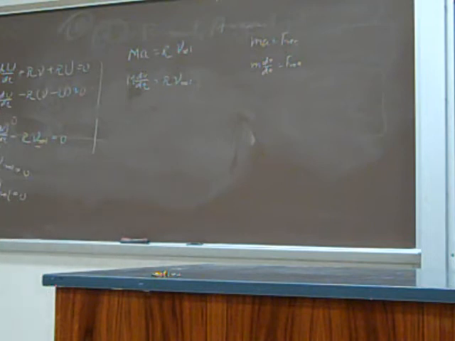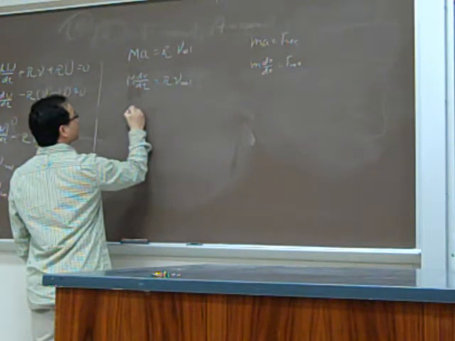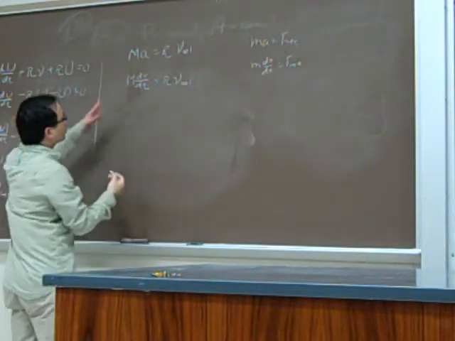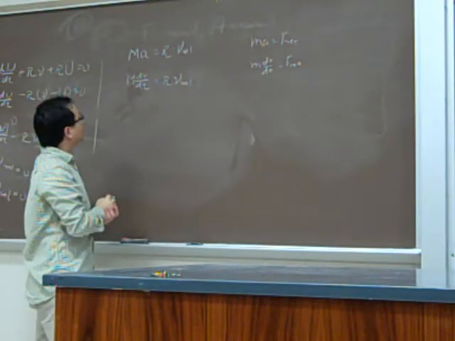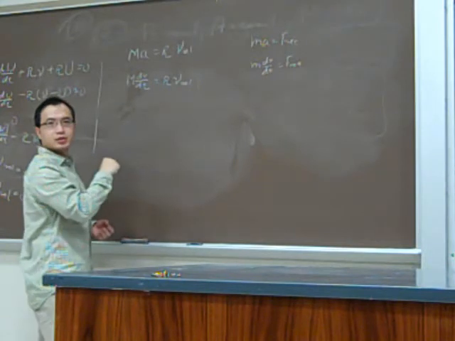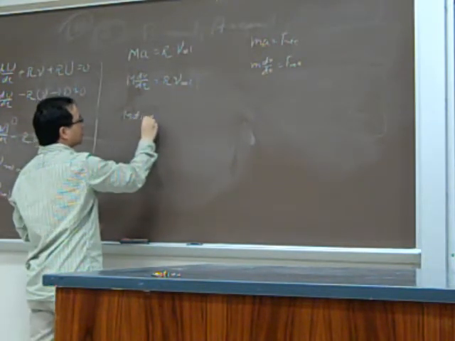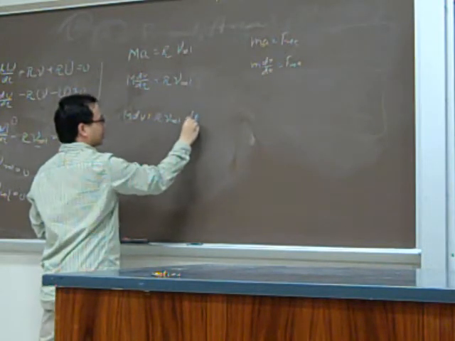Okay. And if we want to integrate it, we have to multiply both sides by dt. So we get M dv equals r v relative multiplied by dt.